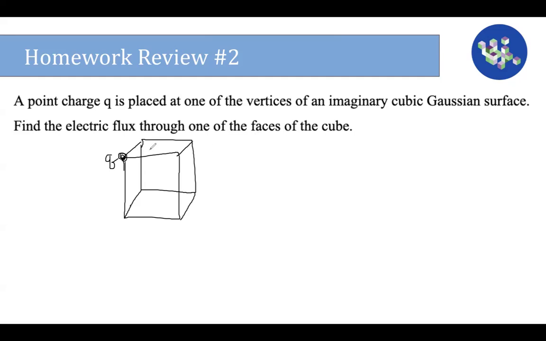We have these three faces which have point Q as one of their vertices. And we have these three opposite faces, which don't have Q as a vertex.